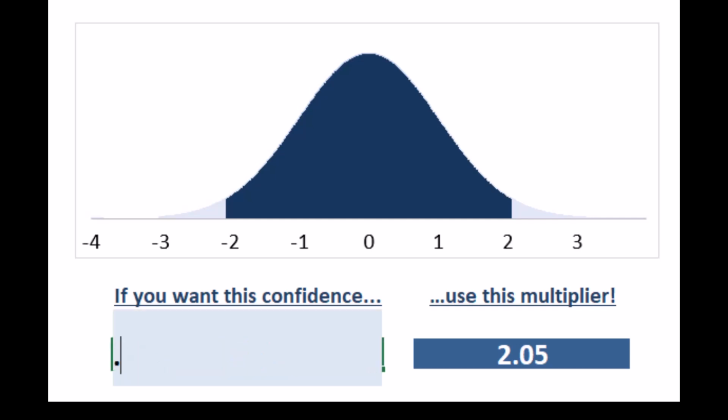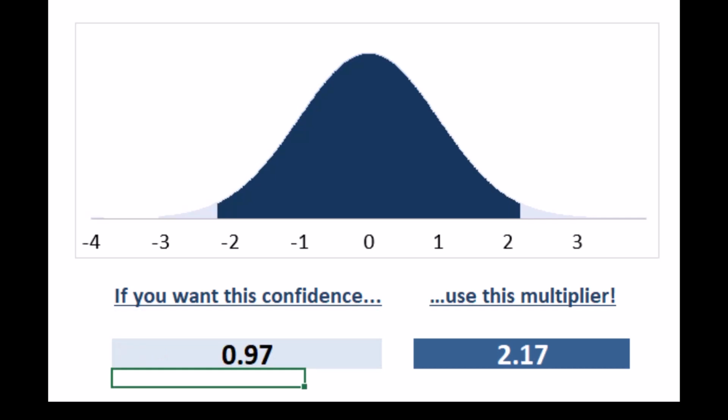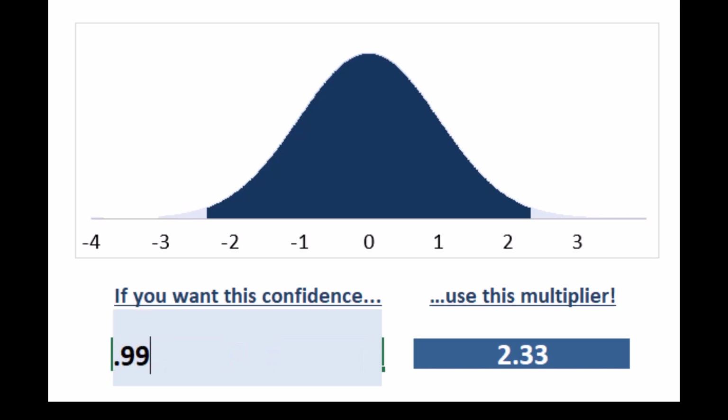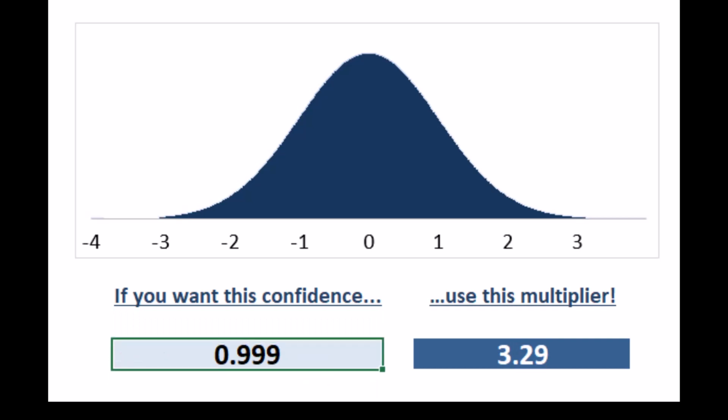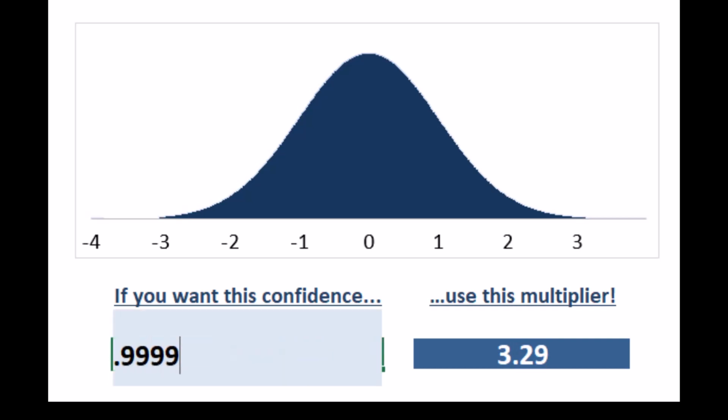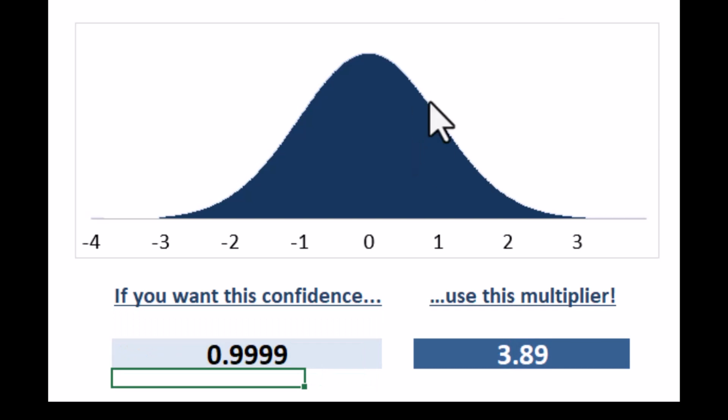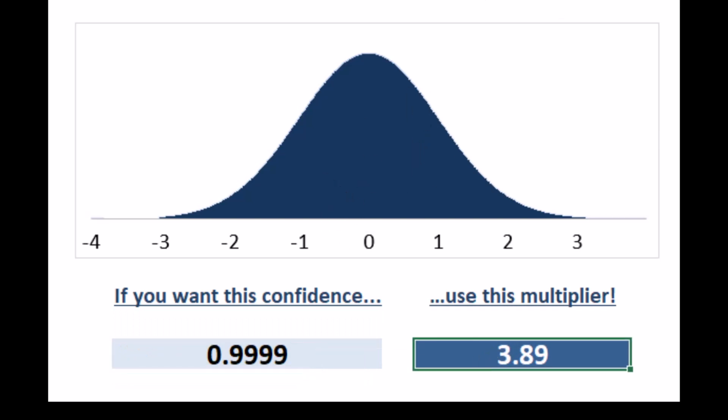You go up to 97%, 98%, 99%, 99.99%. Oh, excuse me, that was just 99.9. 99.99%. And notice, even though the graph appears to be completely shaded in now, we're only out not even 4 standard deviations.